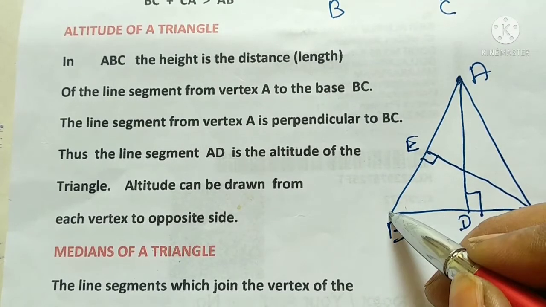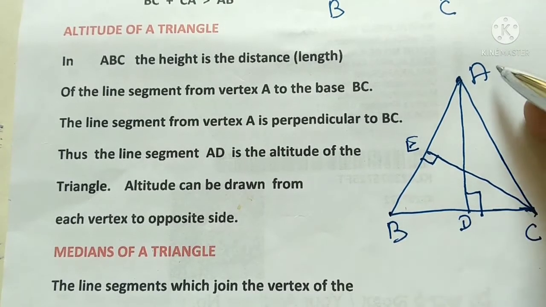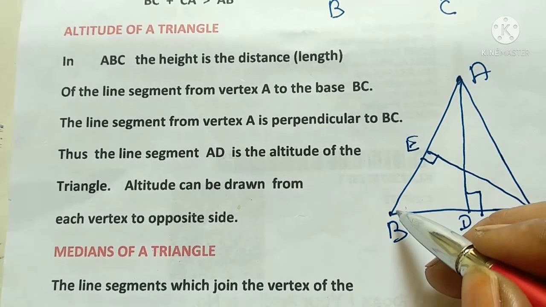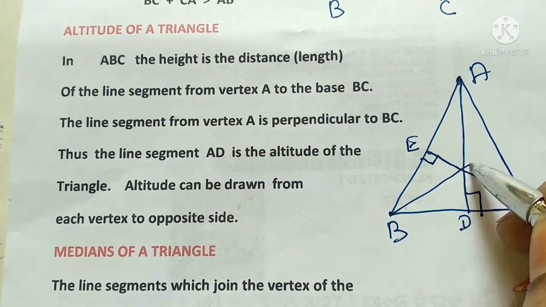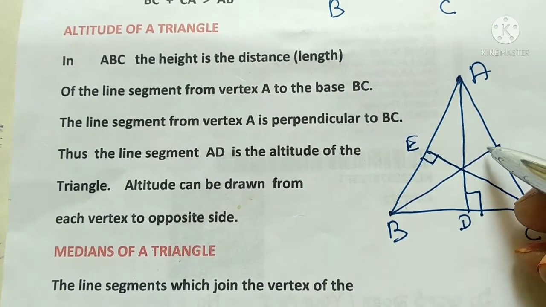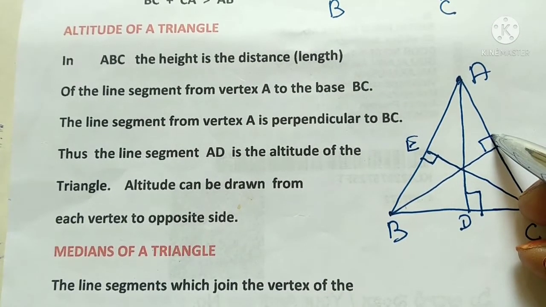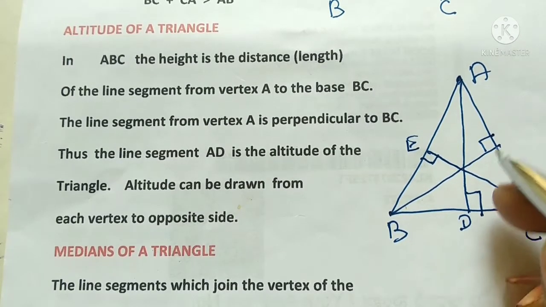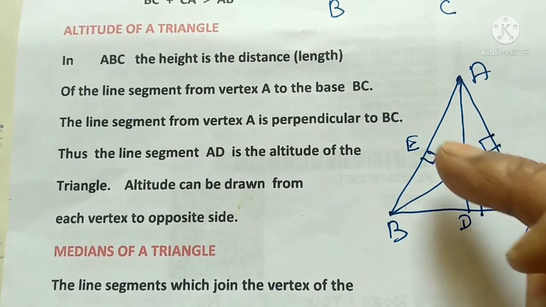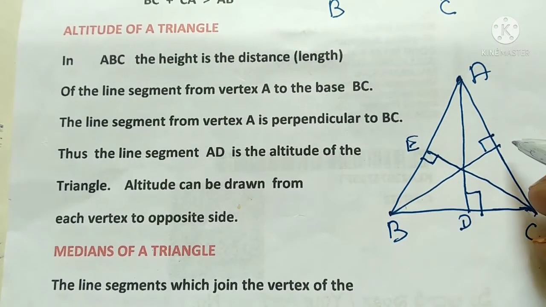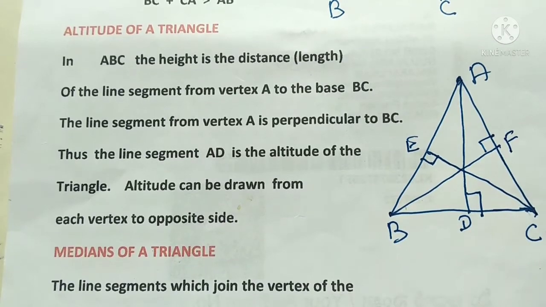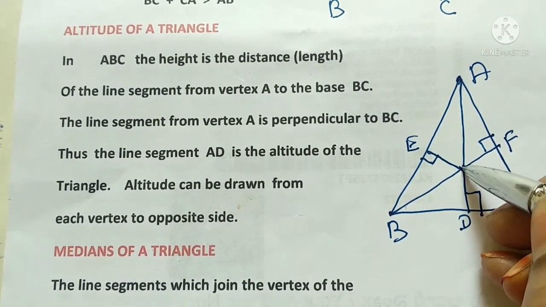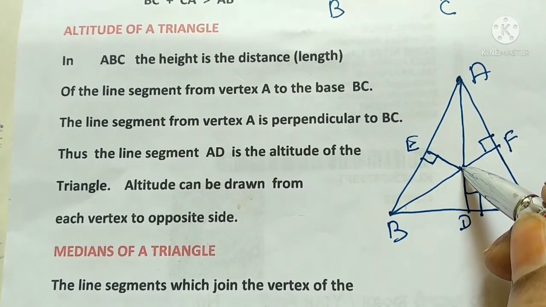And then B is the vertex and AC is the opposite side. From B, we draw a perpendicular on AC. This is the perpendicular, and this is F, BF. All the three altitudes AD, CE, and BF intersect at one place. Okay?